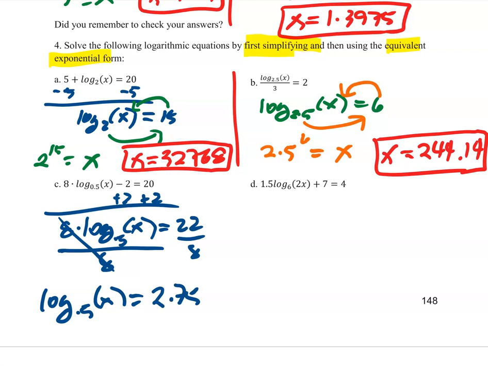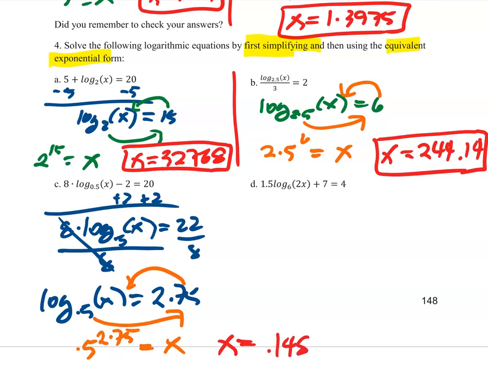Then we write this into exponential. That is 0.5 raised to 2.75 is equal to x. Use your technology. 0.5 raised to 2.75, x is equal to 0.1487.